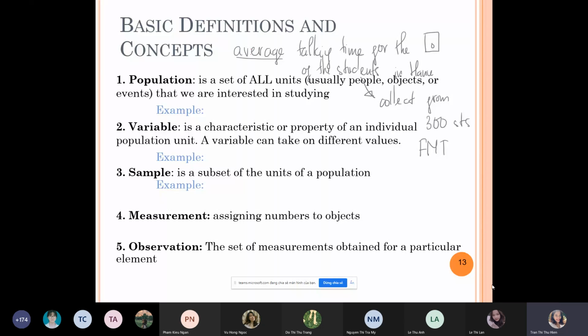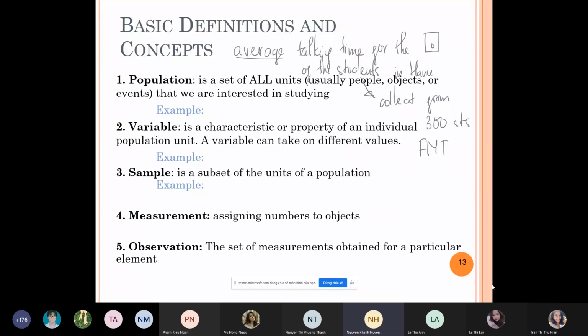So I just collect the data from 300 students from the FMT faculty. So what is the population here? The students in Hanu. Yes, the population is the whole group, the larger group, right? And what about the sample?